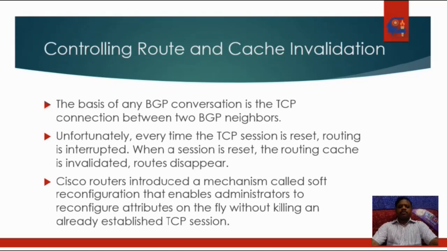Cisco routers introduced a mechanism called soft reconfiguration that enables administrators to configure and reconfigure attributes on the fly without killing an already established TCP session or manually introducing a route flap. Therefore, the routing cache is not cleared and the impact on the route is minimal.